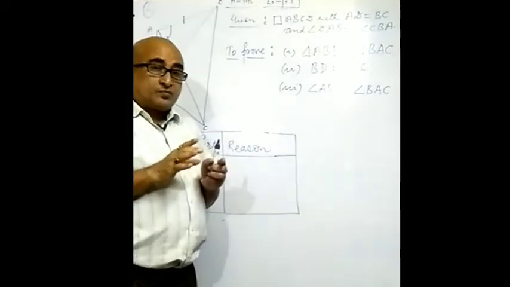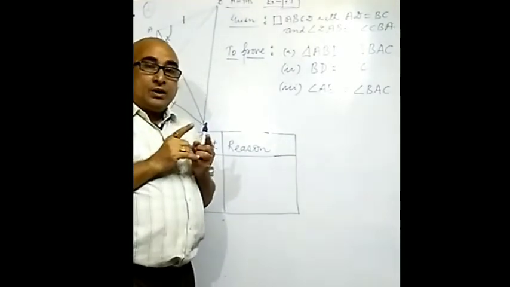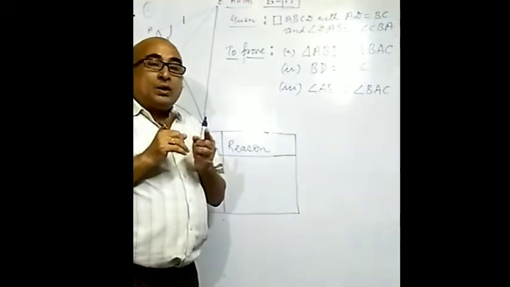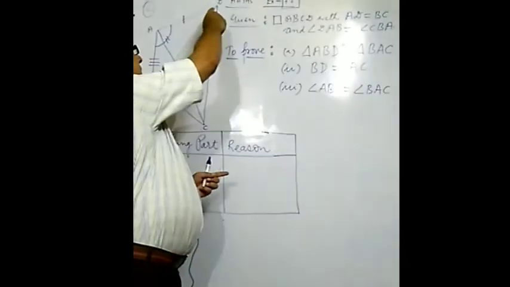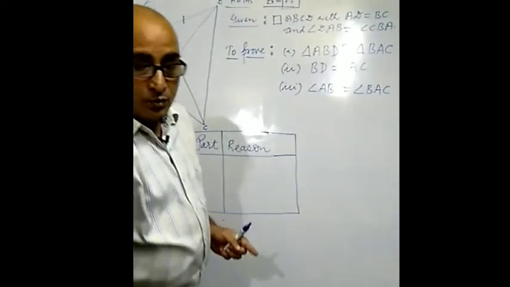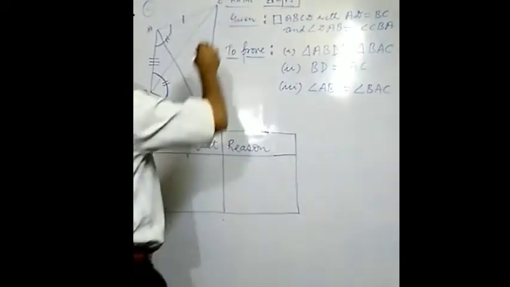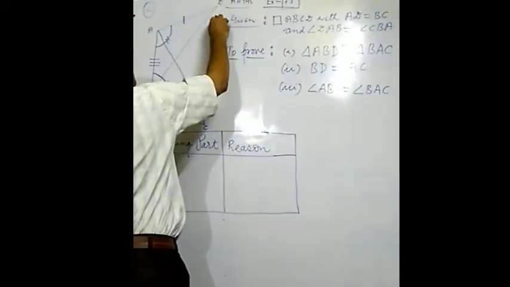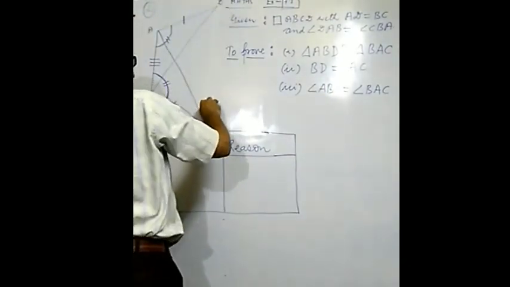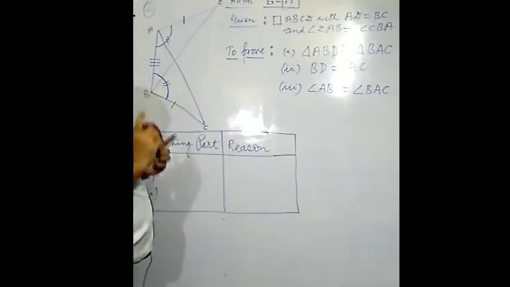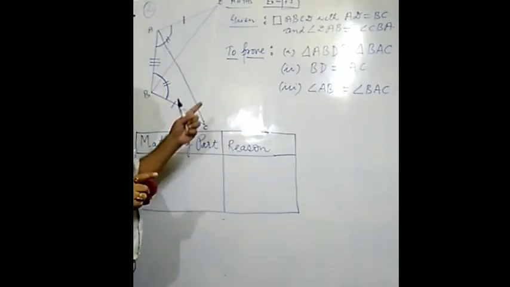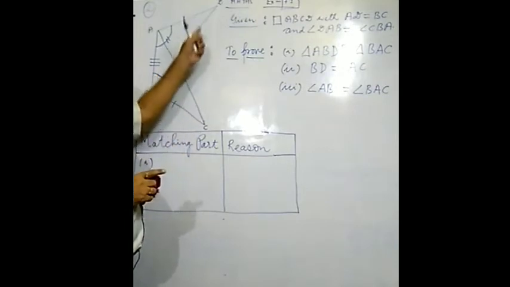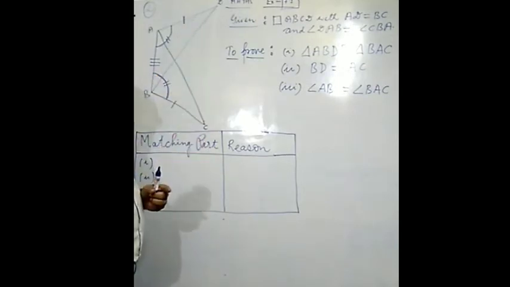What to do? In your mind, you will try to remove this side. You will remove this much from your mind only, not from the figure. I have removed it from the figure, but you will remove it only in your mind.